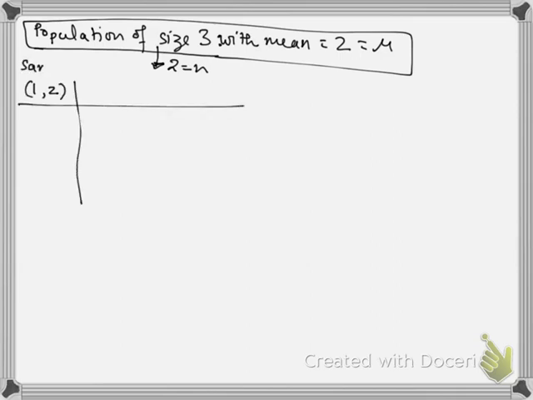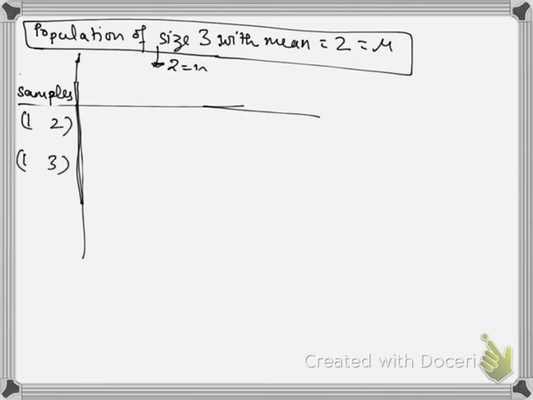So the samples that are possible are 1 and 2. Let me make some more space before my ugly handwriting takes over everything. So samples, I get 1, 2, I can get 1 and 3, and I can get 2 and 3.